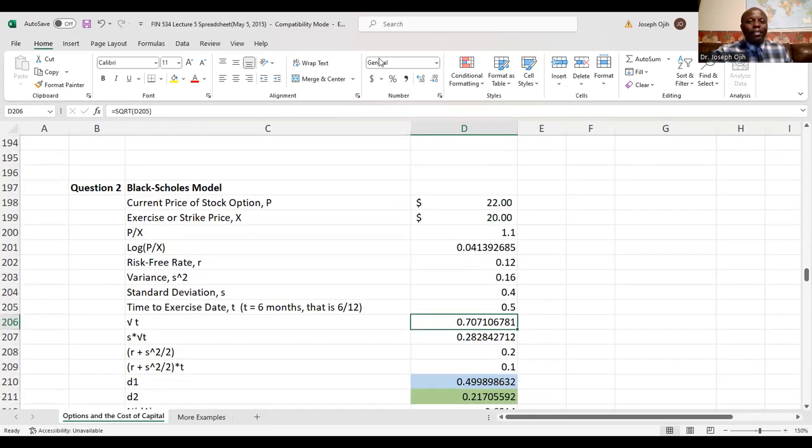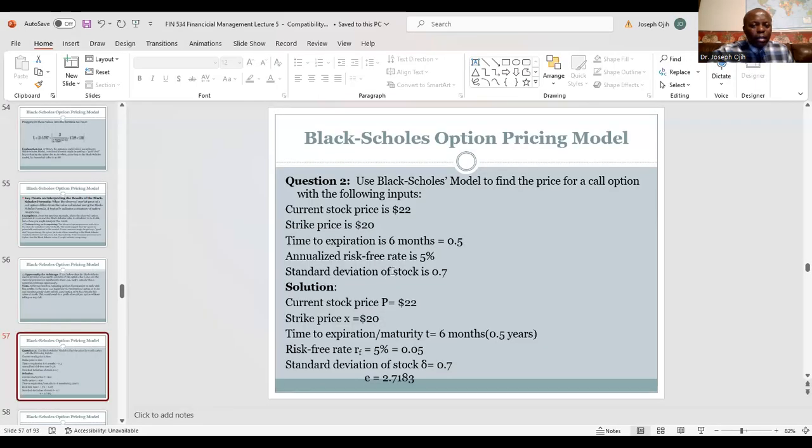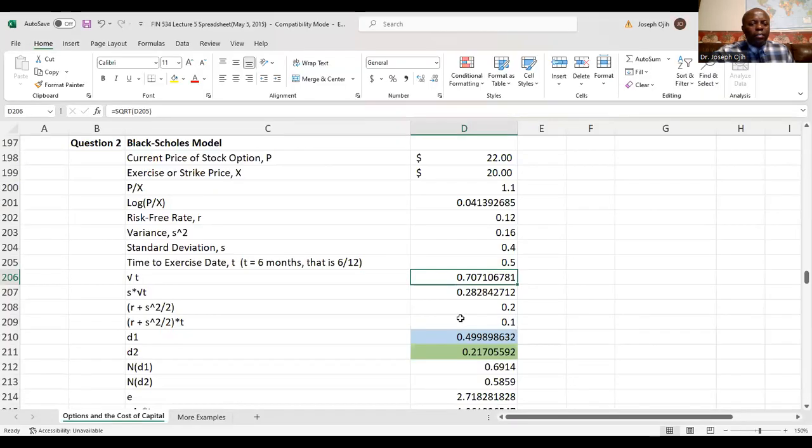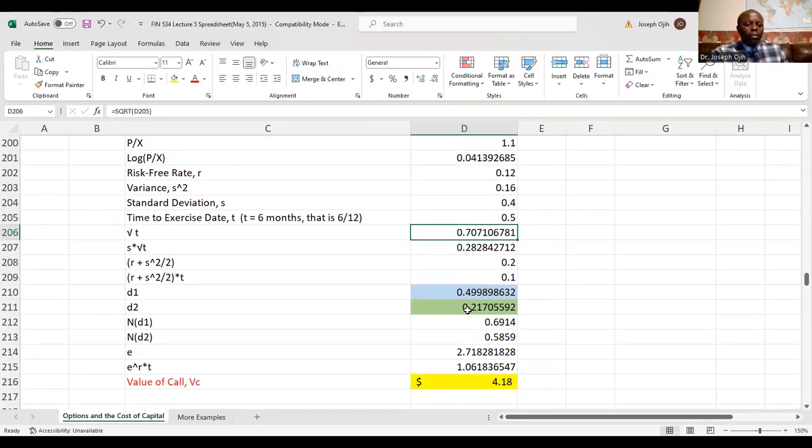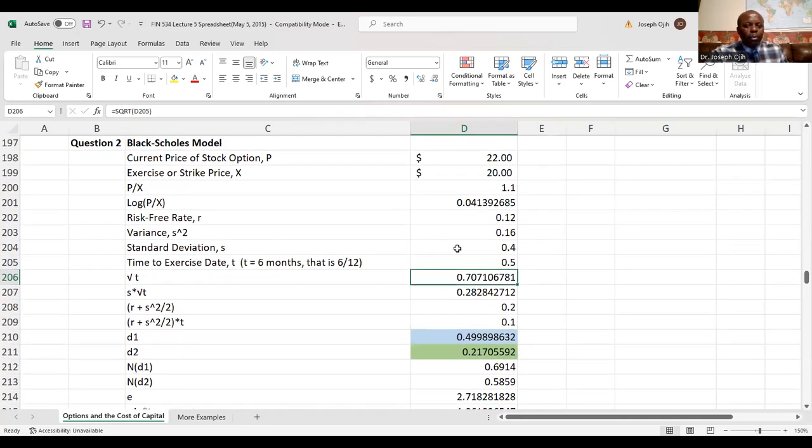That saves us a lot of time. Next is the standard deviation of the stock, which is 0.7. Okay, we go and put the standard deviation as 0.7. Standard deviation here, what is it again? Okay, right here it is 0.7.